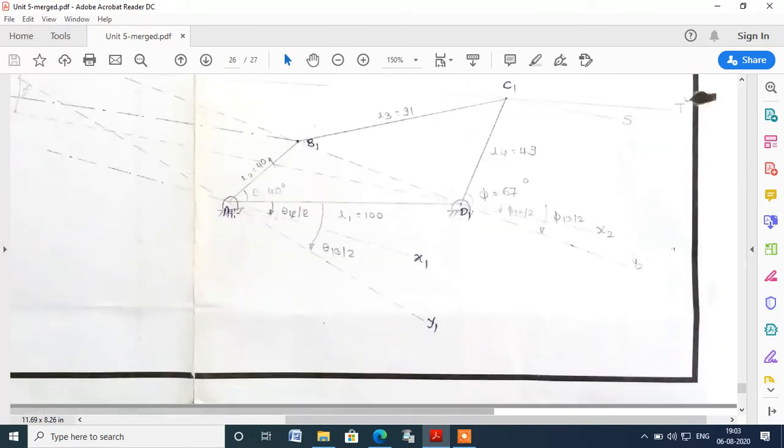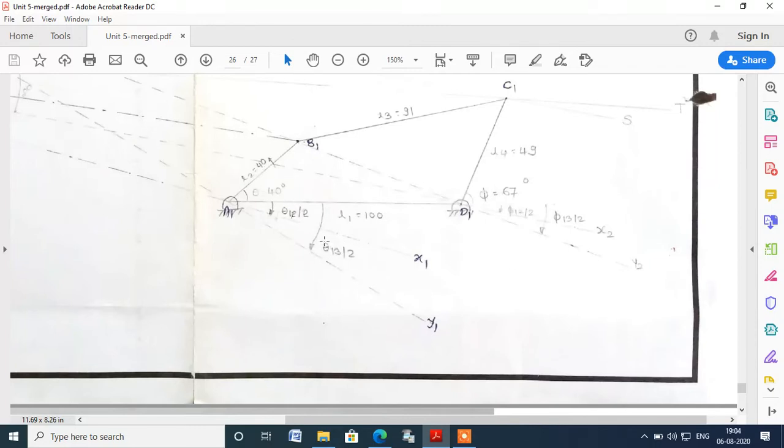So draw line A1 D1, 100 mm long. Then from A1 draw a line A1 B1 such that it is inclined at an angle of 40 degree with A1 D1. So take angle 40 degree first, then draw line A1 B1, which is given as 40 mm.